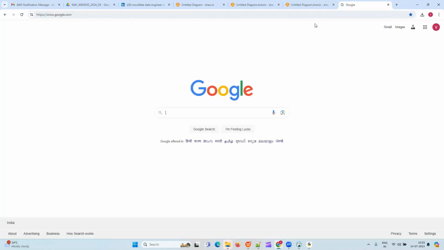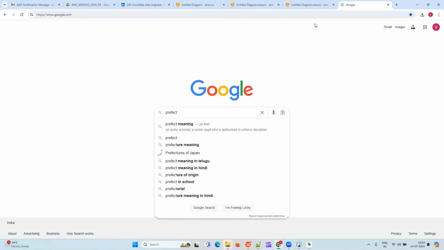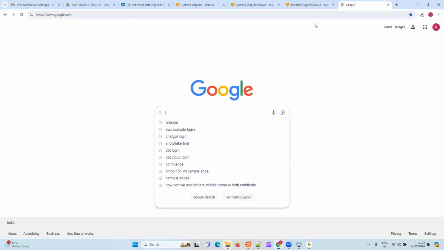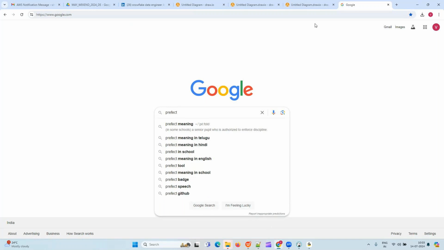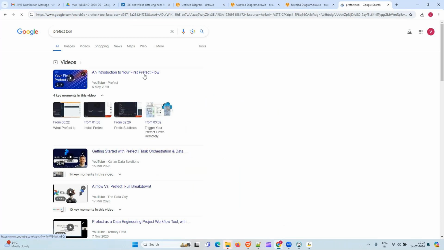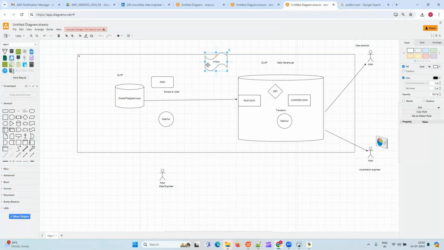Let me check what Prefect is. It's orchestration, like Airflow. There are a lot of tools coming actually, but Airflow is leading in the scheduling or orchestration part.